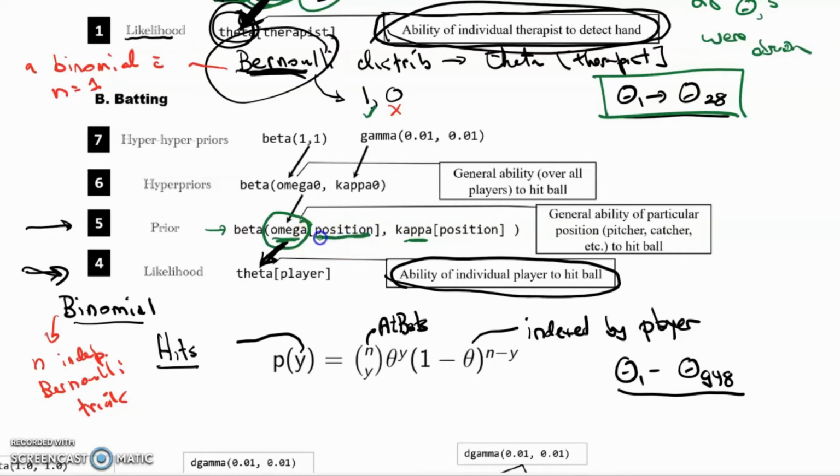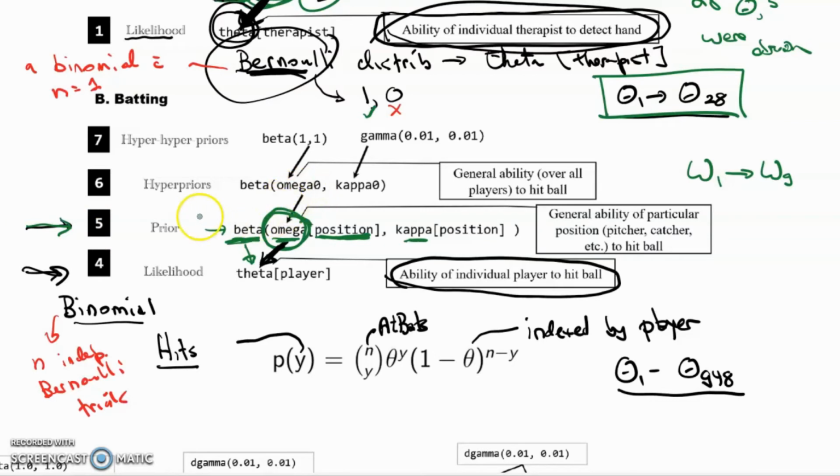But perhaps more importantly to note is that omega is going to be indexed by position, which means that we're going to have omega 1 all the way to omega 9 for the 9 different positions: pitcher, catcher, first base, etc. The reason that omega is so important is that omega is going to be the mode of the beta distribution from which these different thetas are going to be derived. So there was our prior.